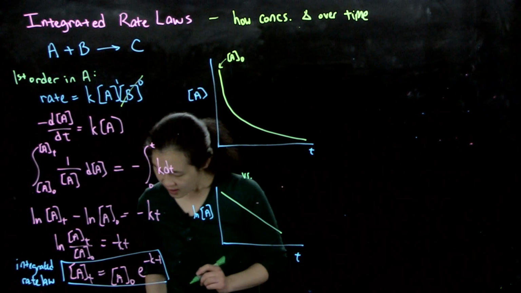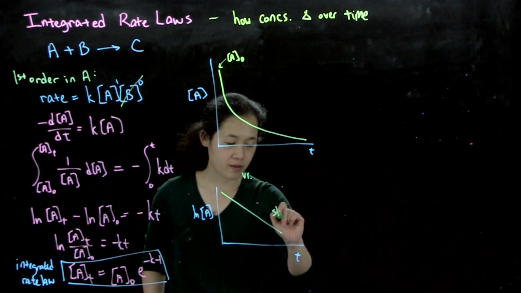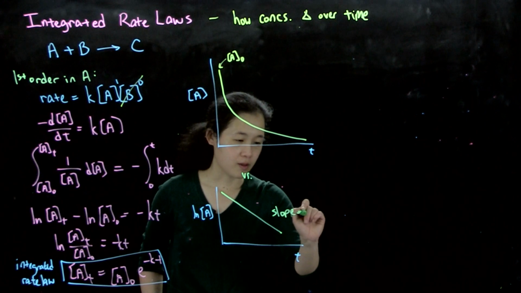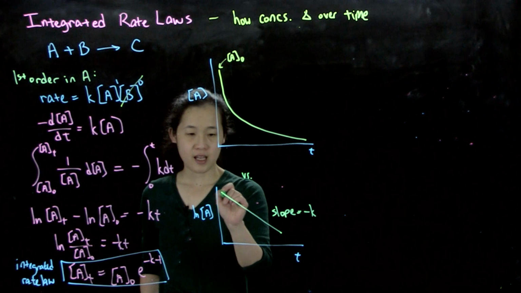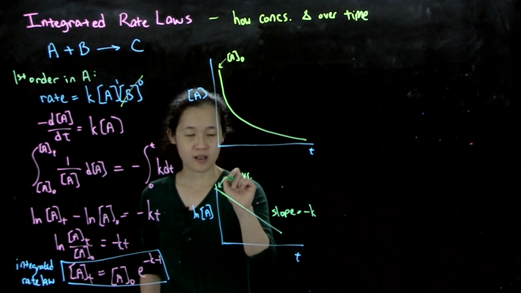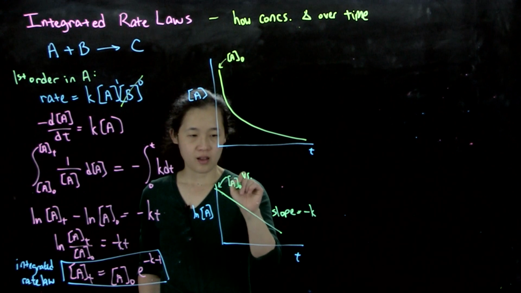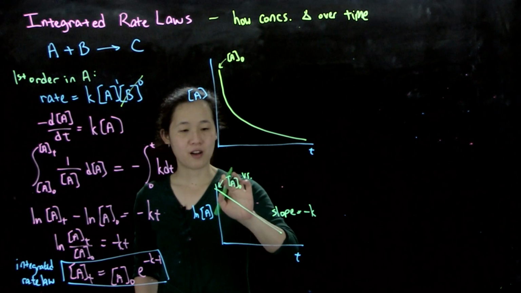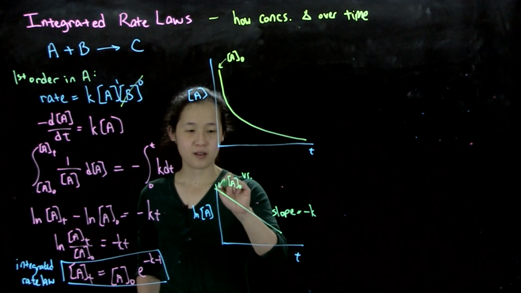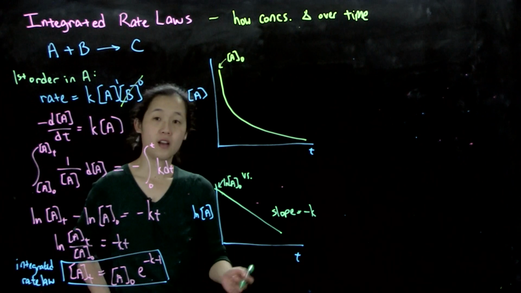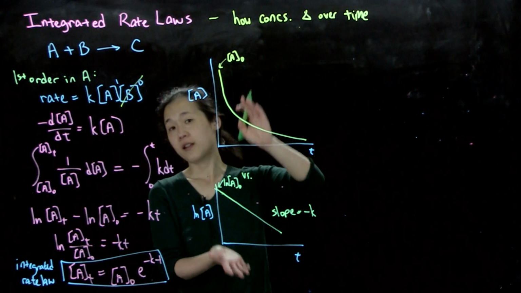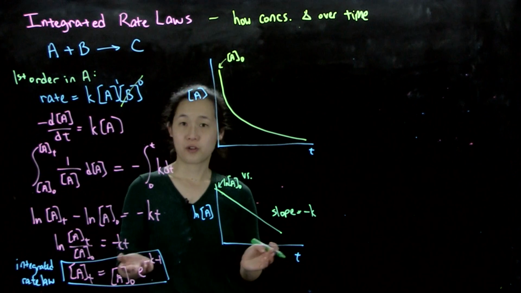This slope equals negative k. And this intercept at time 0 is going to be the natural log of A0. So there are two ways to process the data for a first order reaction.